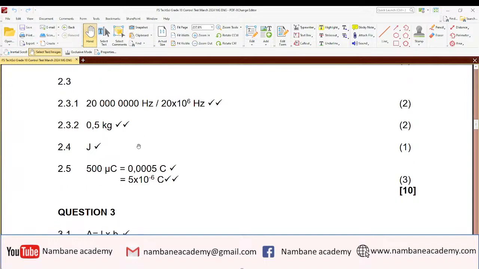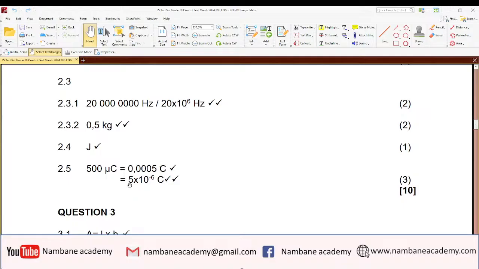At 2.4, write down a suitable unit for measuring energy. The answer there is J for joules, ladies and gentlemen, 1 mark. 2.5, convert 500 microcoulombs to coulombs and give your answer in scientific notation, ladies and gentlemen. 1 mark for saying 0.005 coulombs, and now 2 marks for writing it in the form of a scientific notation.